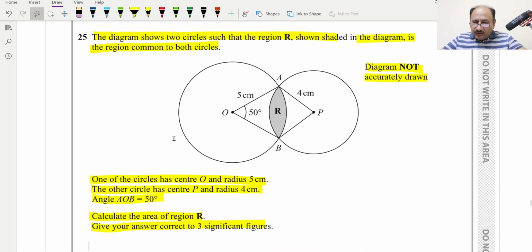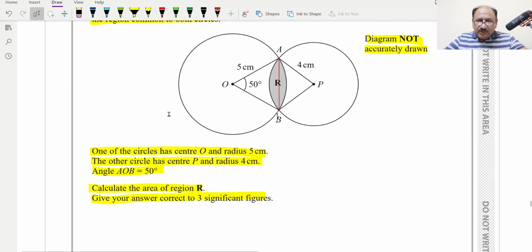So we can find AB, and how will we find AB? We can basically join AB like this. If we join AB over here properly, so AB will be equal to what?